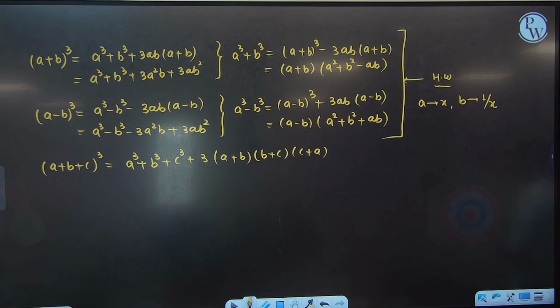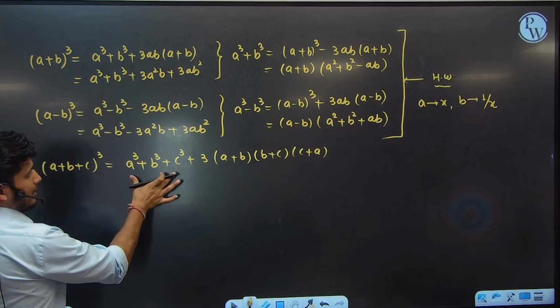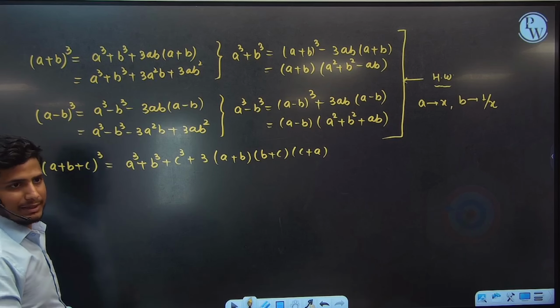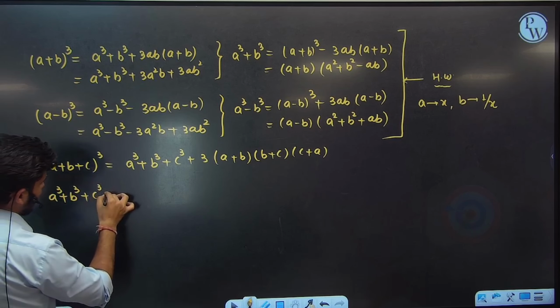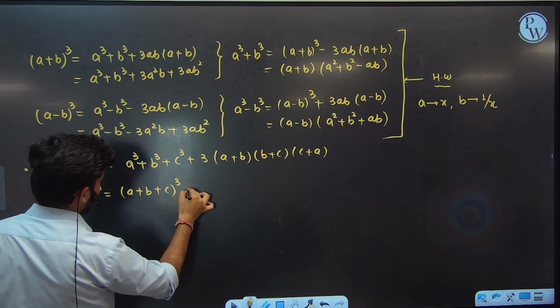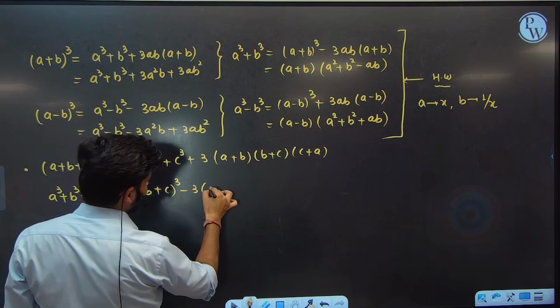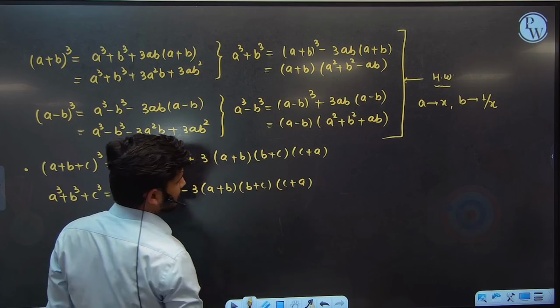Okay, and I hope you will not forget this formula. No, you will not forget this formula, no? Because a plus b plus c whole cube. Okay, now for this part, a cube plus b cube plus c cube is equal to a plus b plus c whole cube minus thrice of a plus b, b plus c and c plus a.